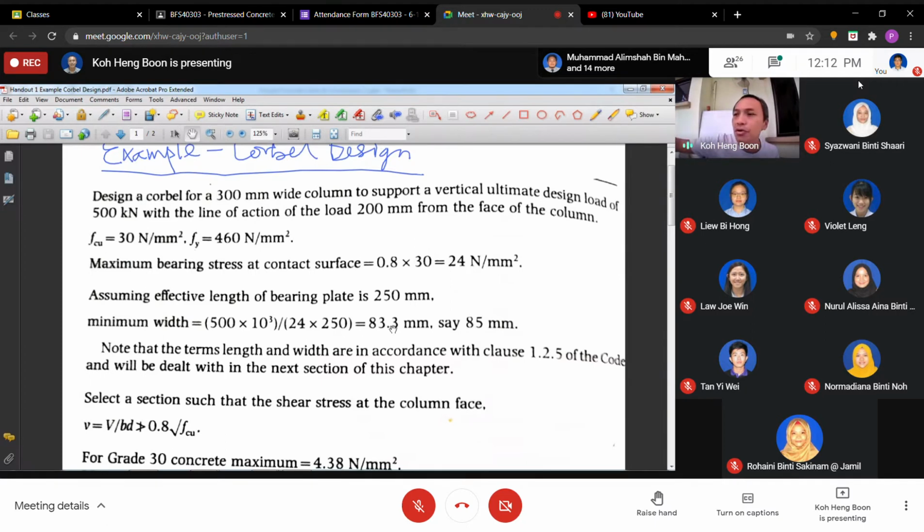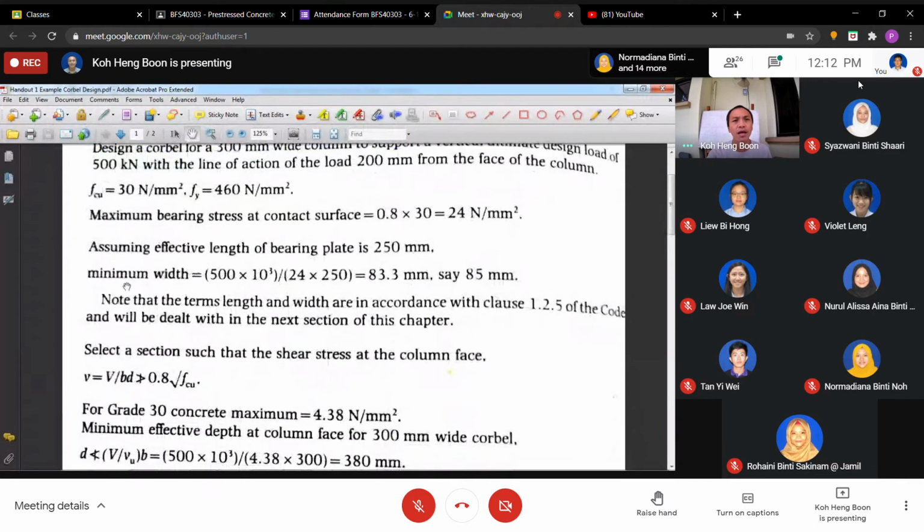So FCU, 28-day cube strength, is 30 megapascal, and the steel we use is 460. Maximum bearing stress, as I mentioned just now, is not greater than 0.8 FCU. So it's 0.8 times the FCU, 24. Assuming effective length of bearing, we assume 250.